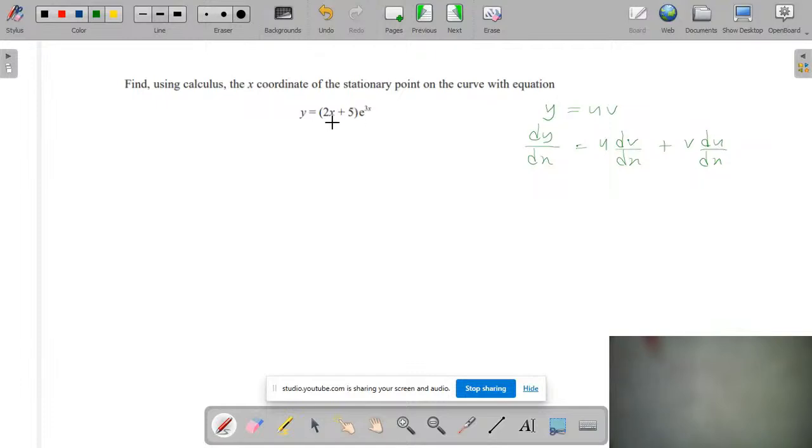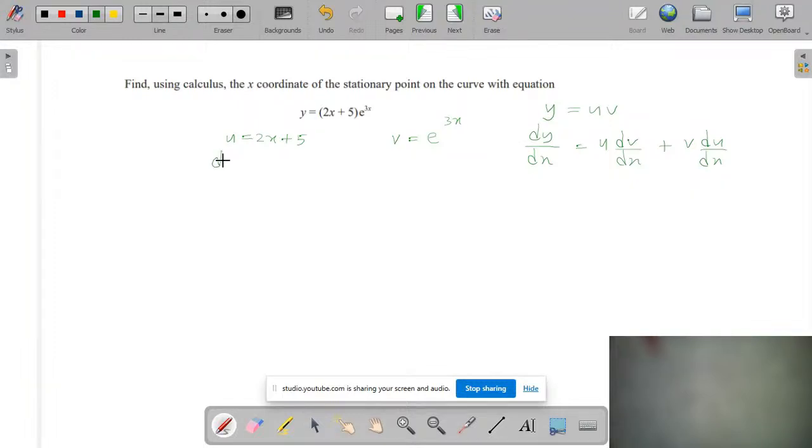So I take u as 2x plus 5, v as e to the power 3x. Then I differentiate each of them with respect to x.